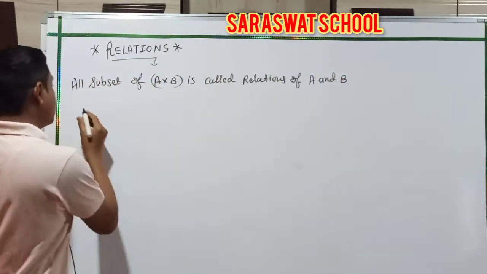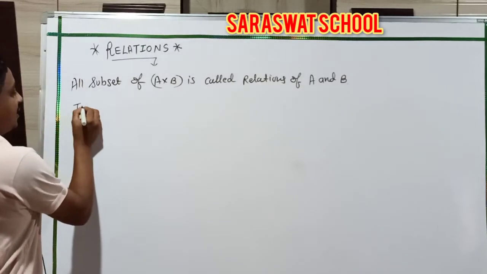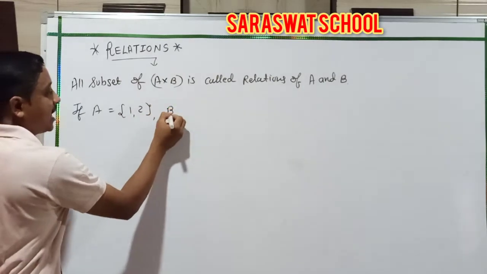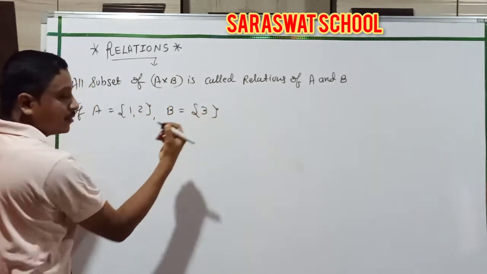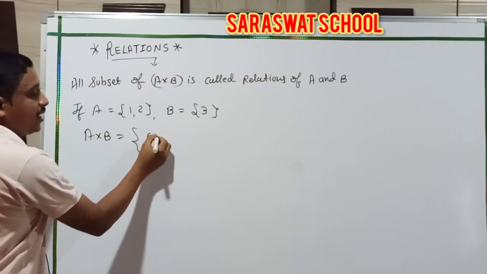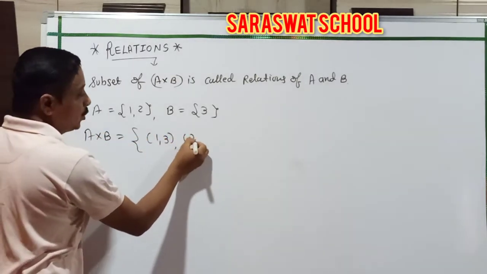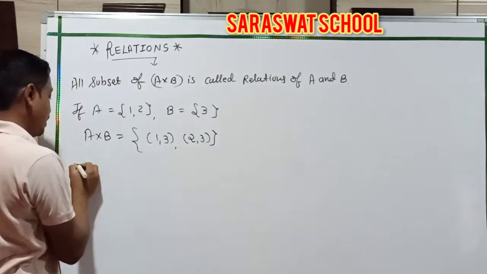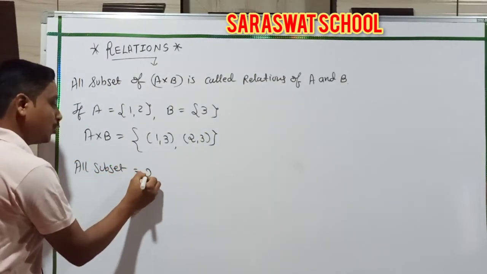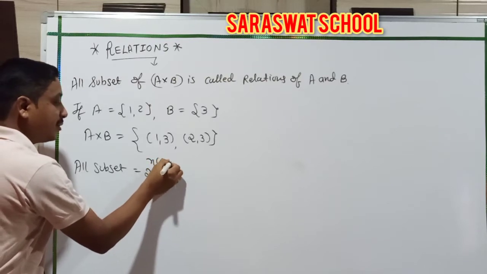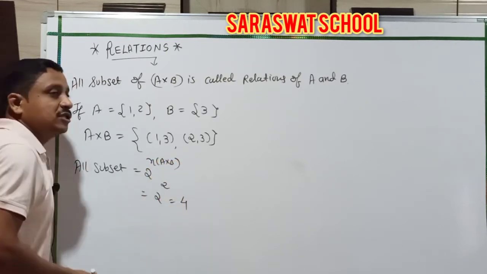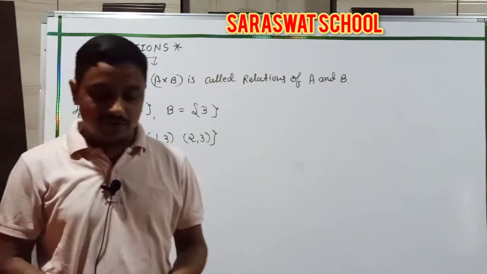Just like, for example, if I take set A as {1, 2} and B as {3}, surely you know what A cross B is: (1, 3) and (2, 3). So here, for all subsets, the formula you know is 2 raised to the number of elements, 2 raised to 2. It means students, 4 subsets are available.